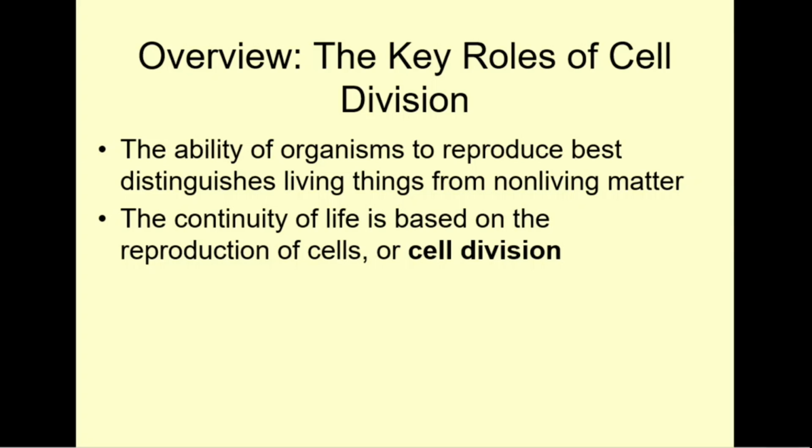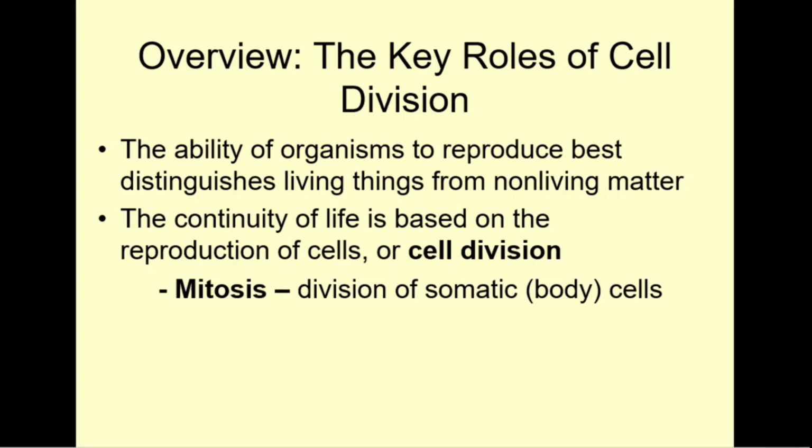How do they grow and develop? They do it through reproducing their cells, or through cell division. So this ability to continue as an individual and then reproduce to produce offspring that can continue the species is very much tied in and reliant on cell division, both mitosis and meiosis.